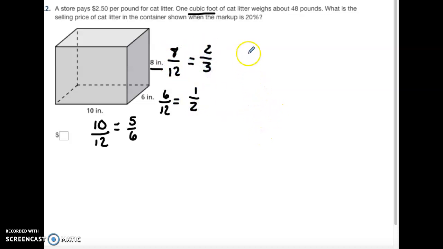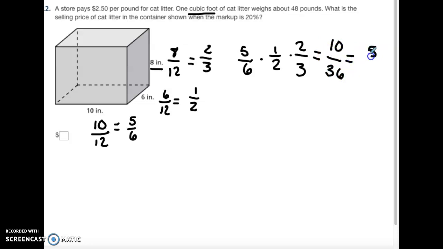So now we can find the volume. Volume of this prism would be length times width times height, which is, multiply across, we get 10 over 36, which can be simplified to 5/18. So the volume is 5/18 cubic feet, okay?